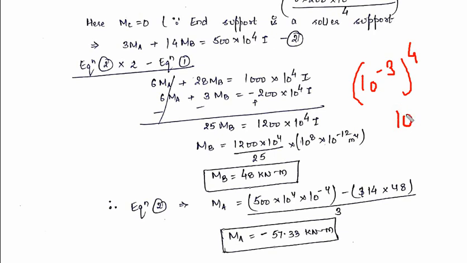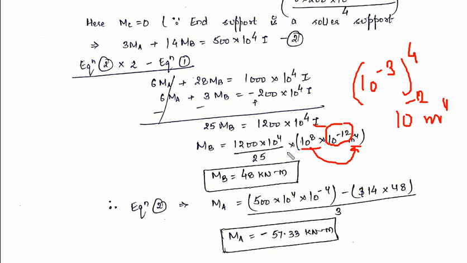So this will become 10 to the power minus 12 meter to the power 4. So while putting the value of I, you have to keep in mind that the value of I should be in meter to the power 4, and it will be converted into meter to the power 4 by multiplying it with 10 to the power minus 12.